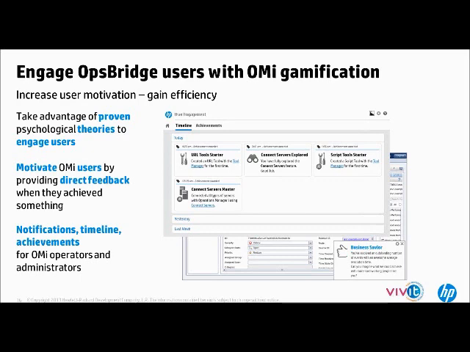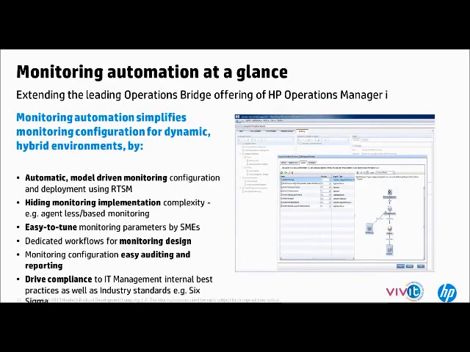It is based on the concept of providing immediate notification of achievements on their timelines inside OMi. So yes, you can see from the pictures examples like URL tool starter, it's a star that the person has received, script tool starter. In the same way, managers can actually award their teams on their timeline and highlight the achievements that they have. We believe this is a good way of team collaboration and people coming together and competing with each other.